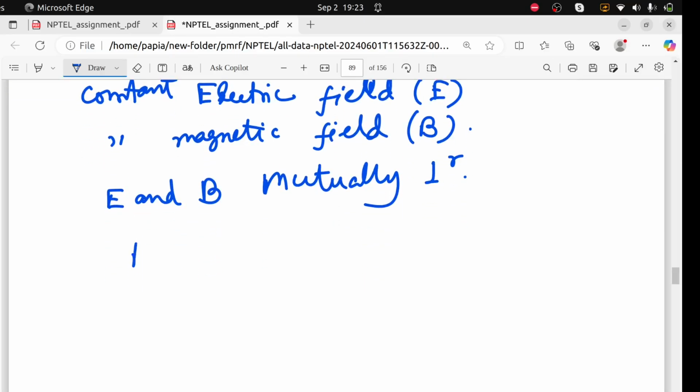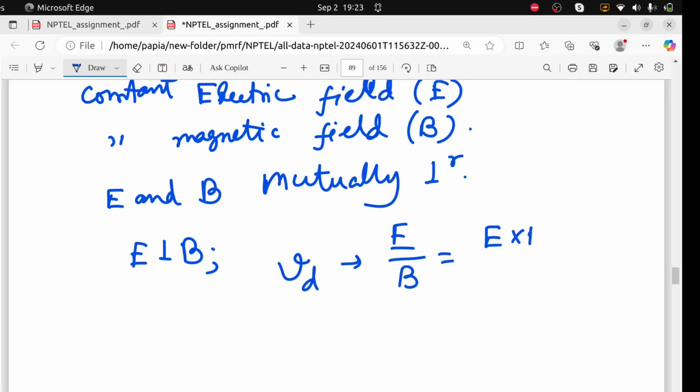That means again there will be a drift velocity VD, and VD will be E by B, which is E cross B by B square, mod.